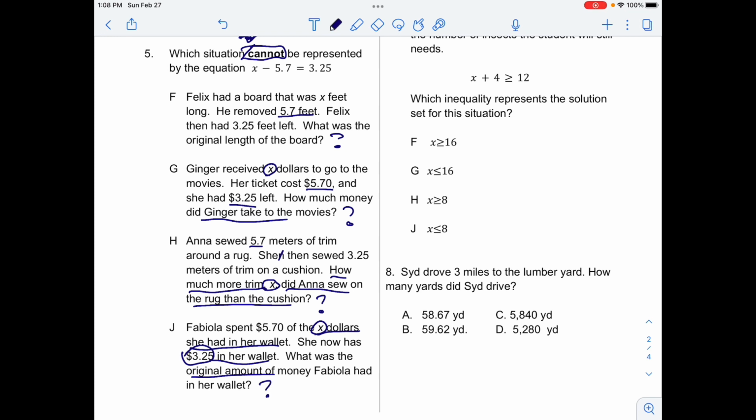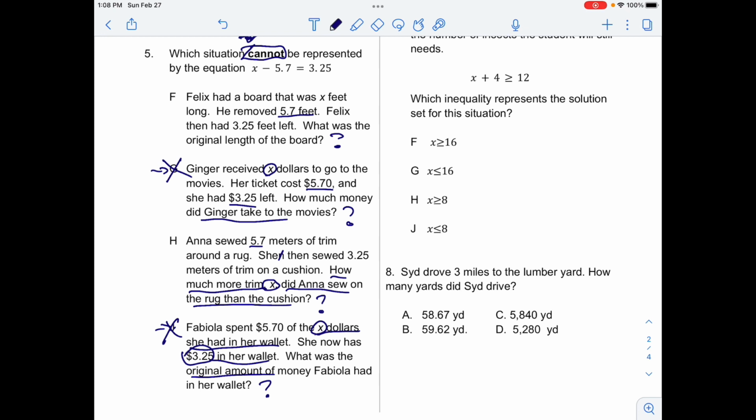Well, J sounds like G, where they both had money in their wallet and then they spent $5.70 and they had $3.25, so we need to find the original amount they started with. You can't have two right answers, so it's not going to be G or H because they both match. So now we have a 50-50 chance between F and H, so tell me what you think. All right, good job, Rams. Now we're going to go answer this.